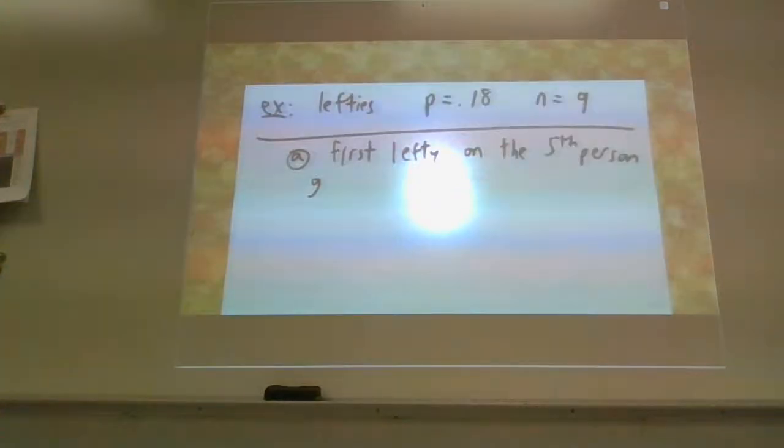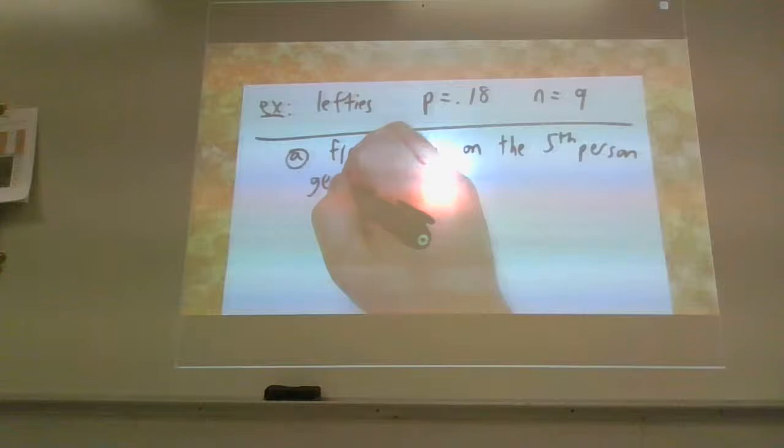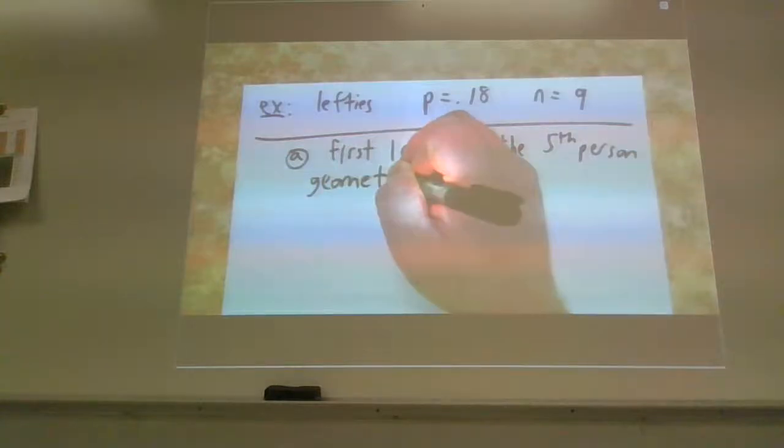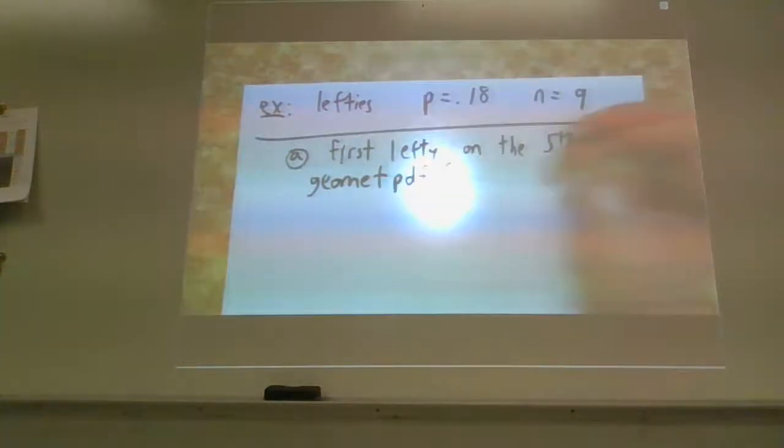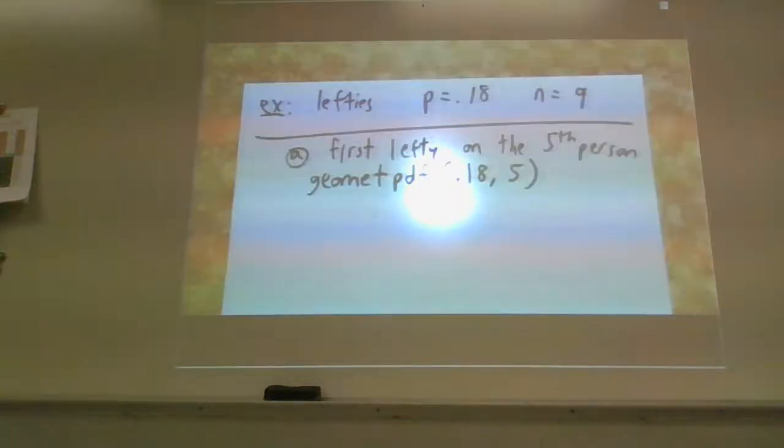Now, since it's the first lefty on the fifth person, they don't say the words, but I am going to assume it's exactly that trial and nothing sooner. This is a Geomet PDF problem with 0.18, 5. That's what number 1 part A is all about.